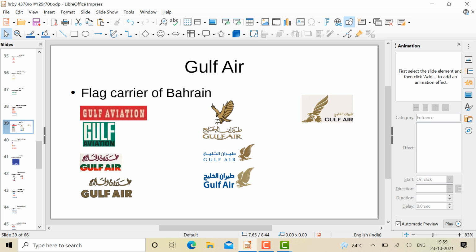The Bahraini flag carrier then changed its name to Gulf Air with the Arabic letters, and then this background was removed. Before there was an eagle added, and the color kept changing on the next two logos. Another background was added in the current logo, and there was this Arabic. All things remained from the first logo, since it has remained to this day.